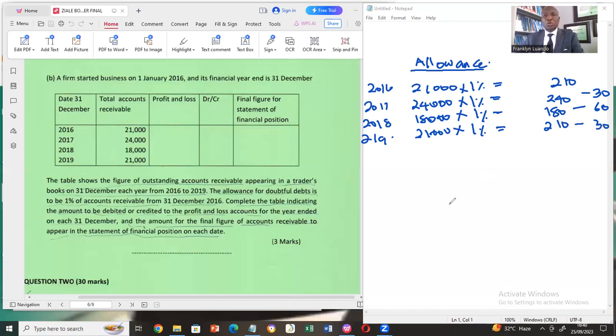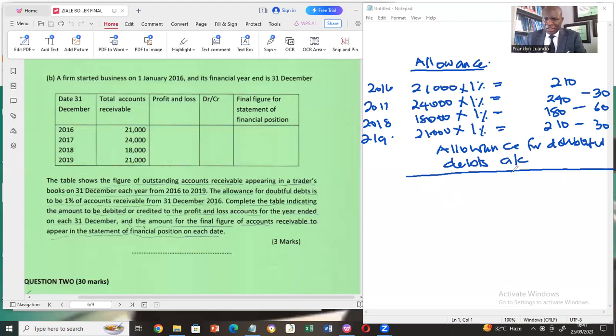Now, I want to show you how the accounts would look like before we come to the questions. Allowance for doubtful debts account. So we have the debit, we have the credit.